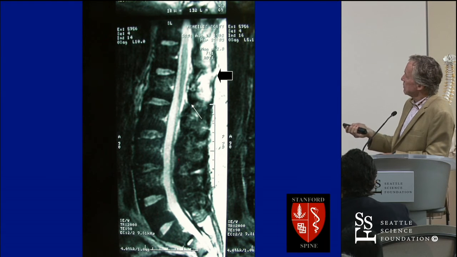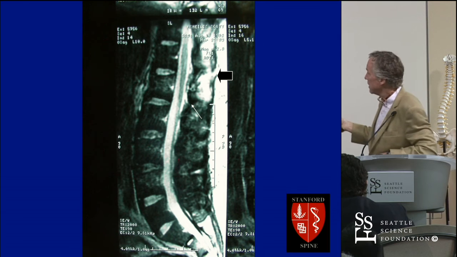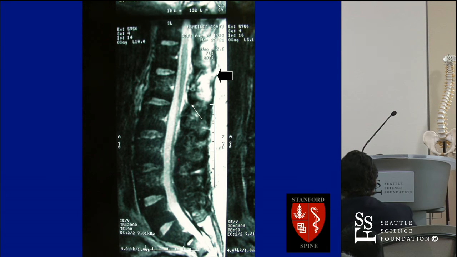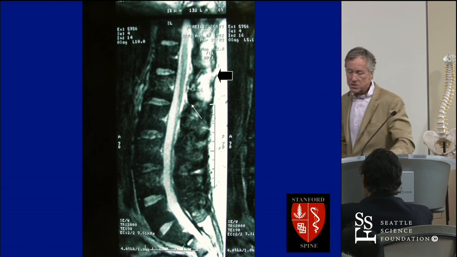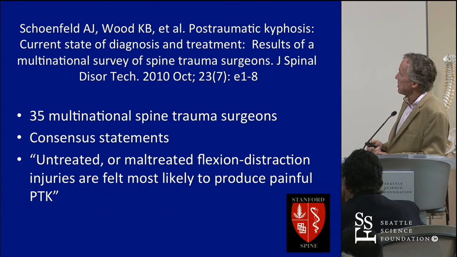So it remains controversial, because what we want to know now with the MRI is, is this a stable or an unstable burst fracture? If the ligamentum flavum is torn, like you see right here, and the supraspinous ligament is also injured like that, will that lend itself to become something that we don't want to have happen?